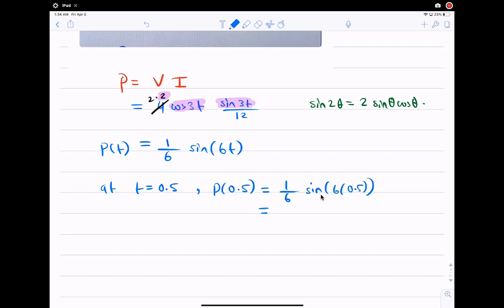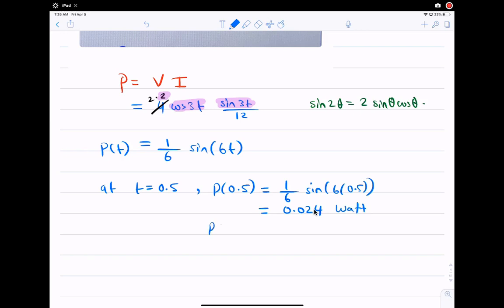So if I plug in 1 over 6 times sine of 6 times 0.5, then you will have 0.024. Okay, I approximated it. And the unit for power is watts, right?